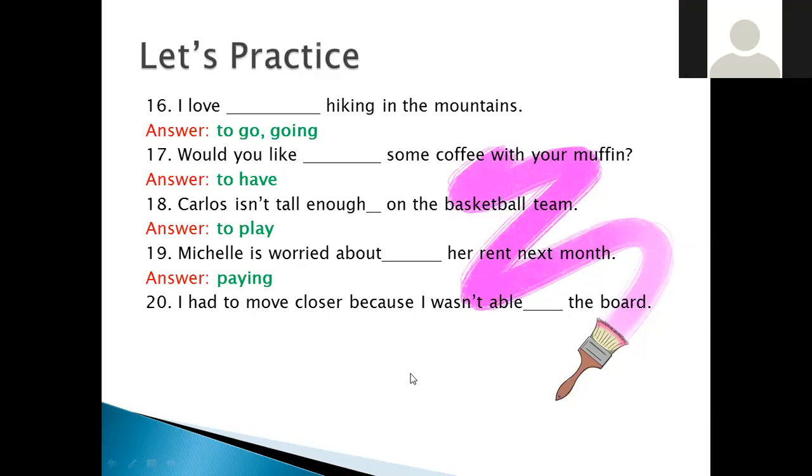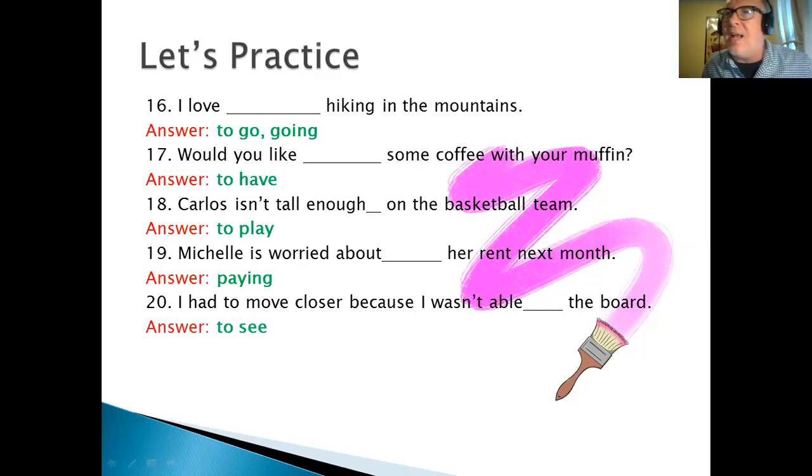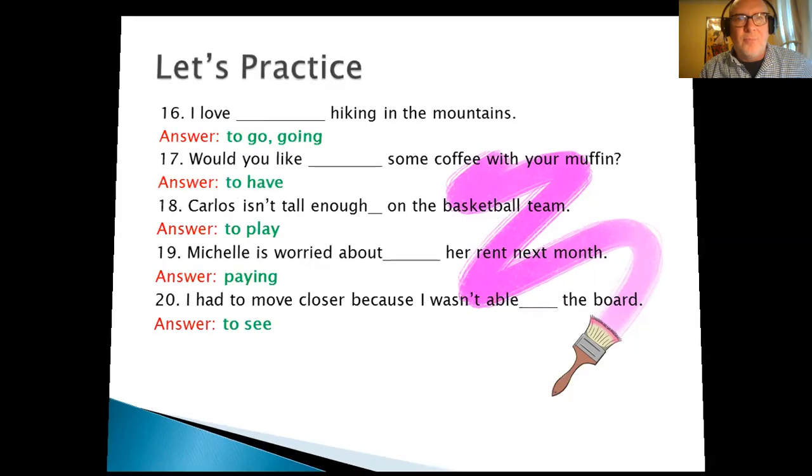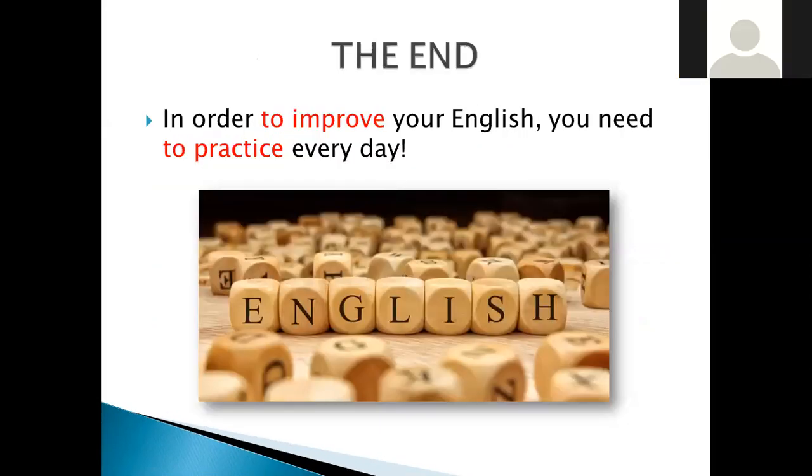I had to move closer to the front of the classroom because I wasn't able to see the board. All right. Bravo. And that's the end. In order to improve your English, you need to practice every day. That's true. Okay.